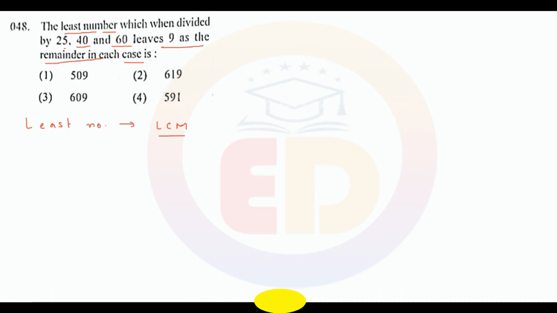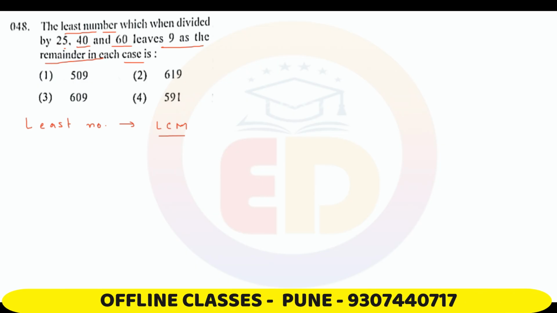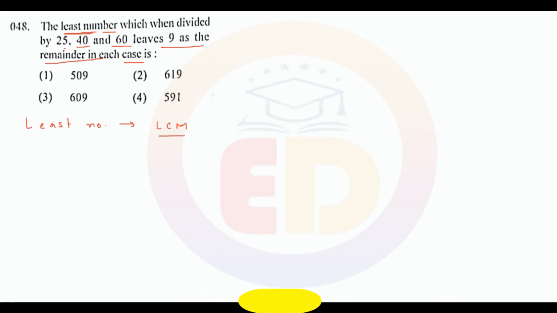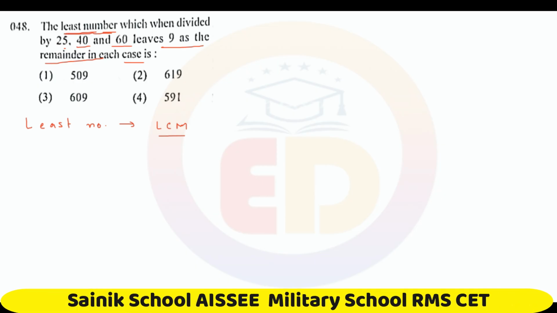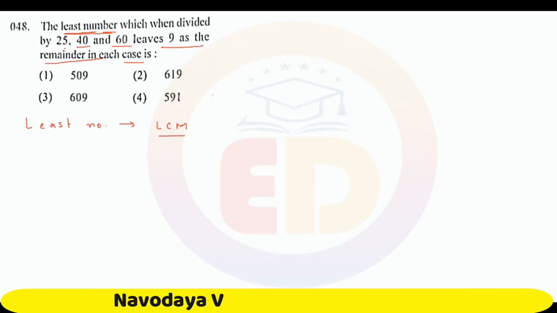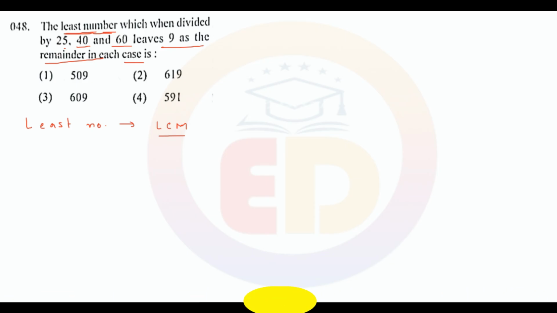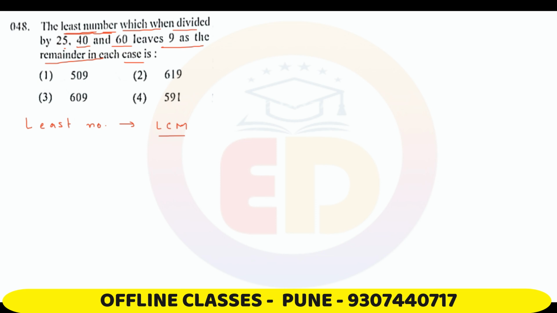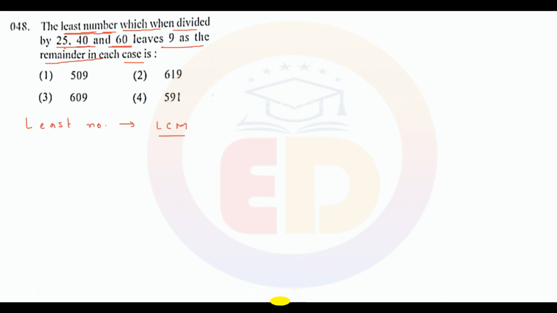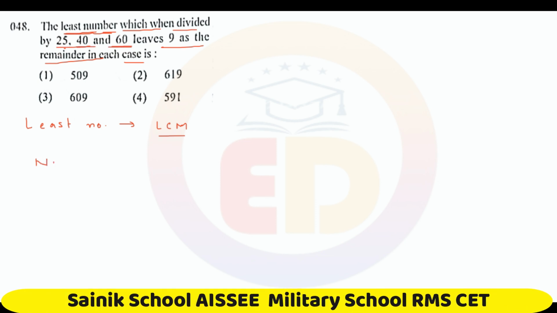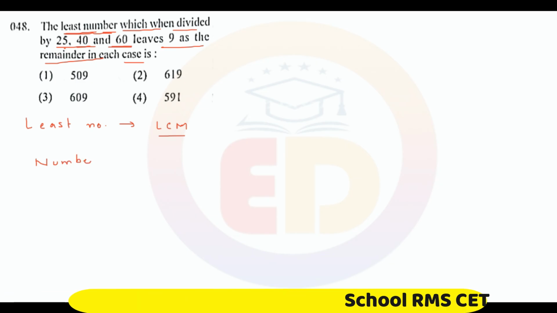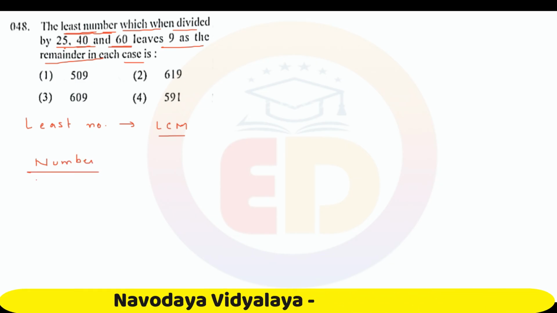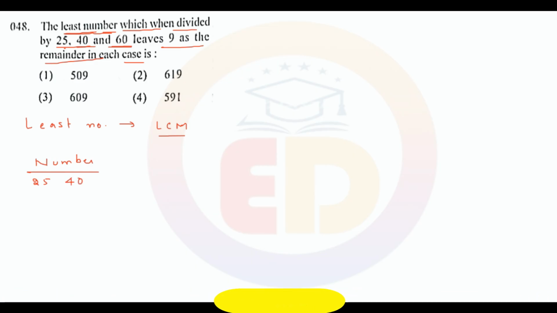But they can confuse us. Examiners can confuse us by writing the least number or a smaller number or any other synonym of least or smaller number. But actually the calculation can be something else. So the actual part which you have to pay attention to is which when divided by 25, 40 and 60. It means we have to find a number, rather a smallest number, which will be divided by 25, 40 and 60.